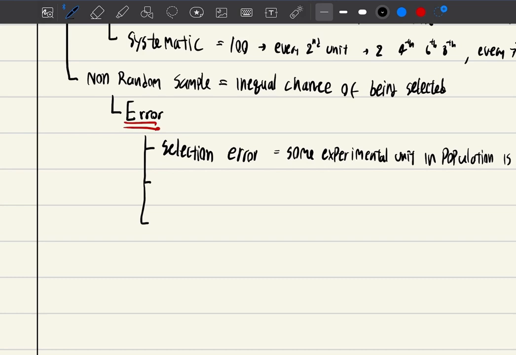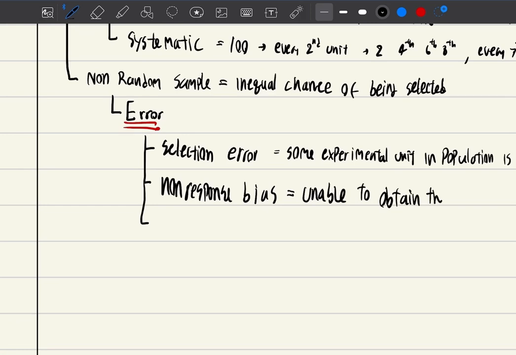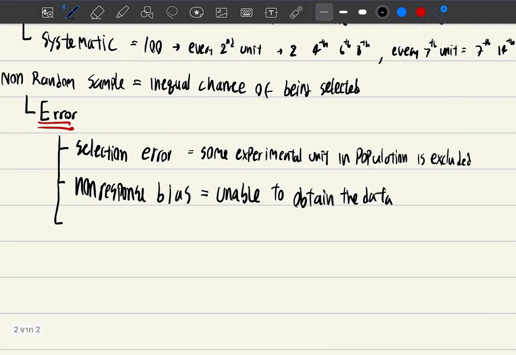And the next one is non-response bias. Non-response bias is when the researcher is unable to obtain the data. And the last one is measurement error.